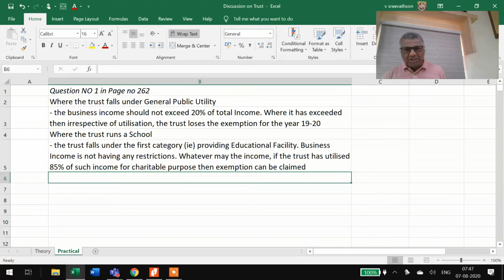The only restriction is that 85% should be utilized for charitable purposes.